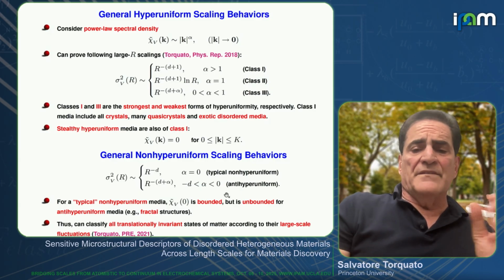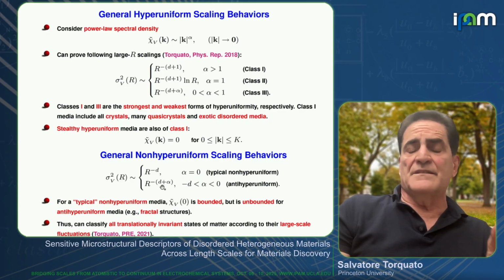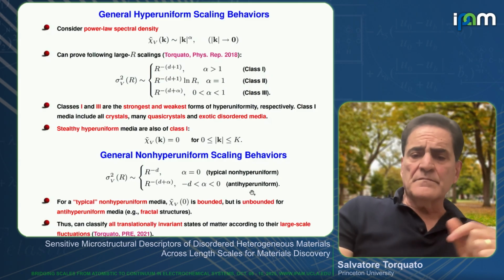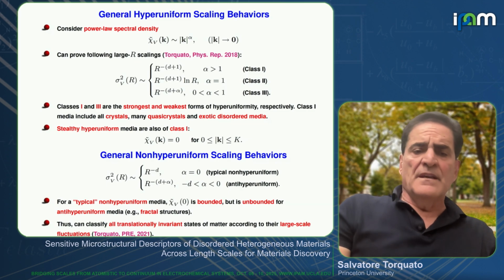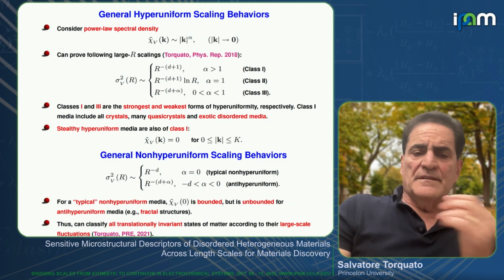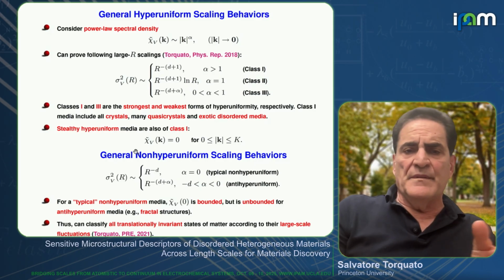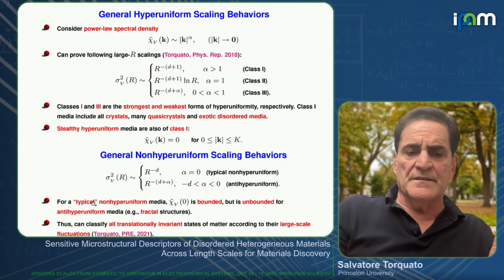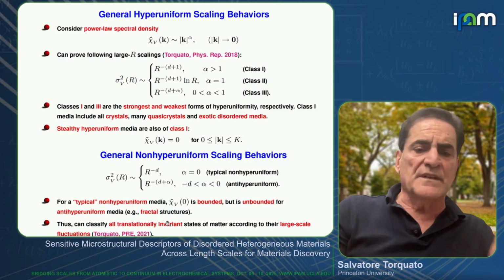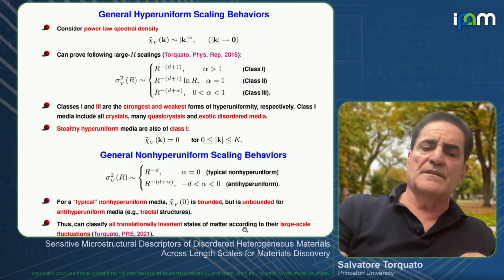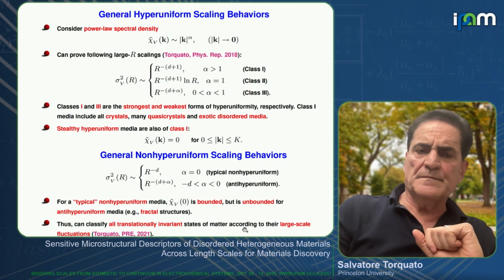On the other hand, you can have something that decays even more slowly than the typical one. We call that anti-hyperuniform. These include systems like fractals and so on. So therefore, in terms of the large-scale structure, you can classify all translationally invariant states of matter according to these large-scale fluctuations.